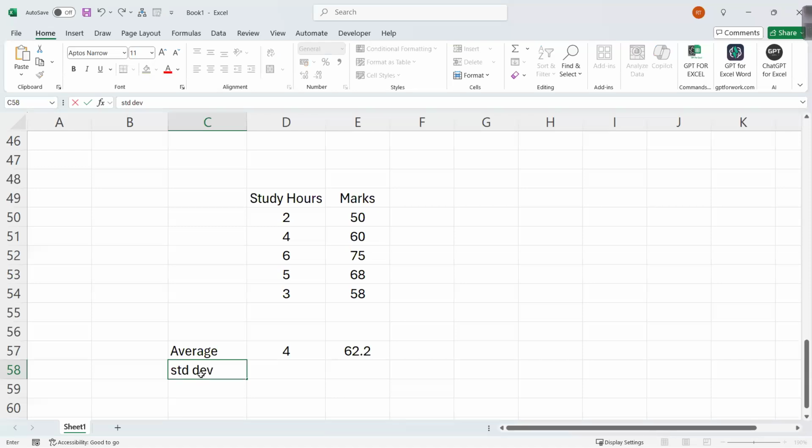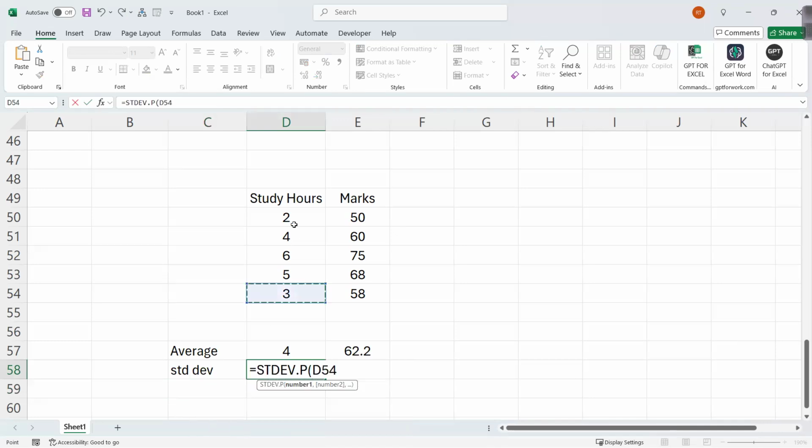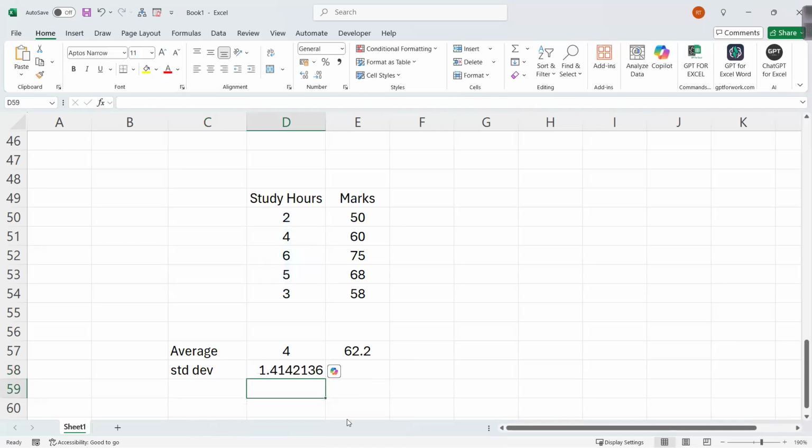So standard deviation, I will be using the population for now. Standard deviation of x and standard deviation of y. Okay, I got the standard deviation as well. What else do I want? Xi I know, X bar I know, standard deviation I know. Everything is with me. Let's start the calculation.